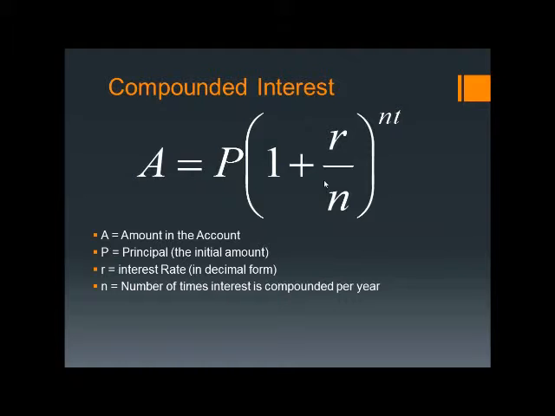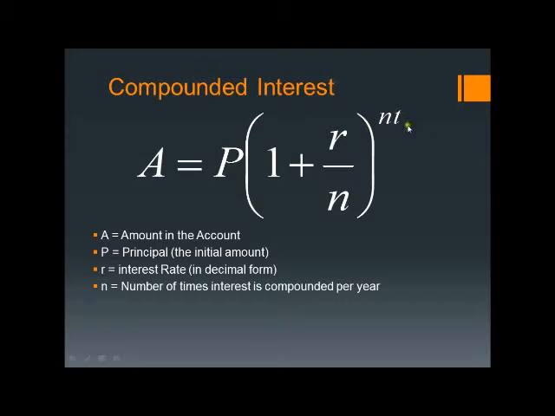So since credit cards do it every month, N is 12, you take that 0.15 and divide that by 12, and that's the percent they're going to charge you each month. That's the whole point of R divided by N. Take what they're going to charge you for the year, divide it by how many times they're going to figure this out each year.